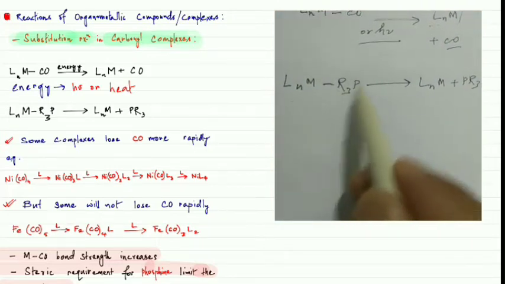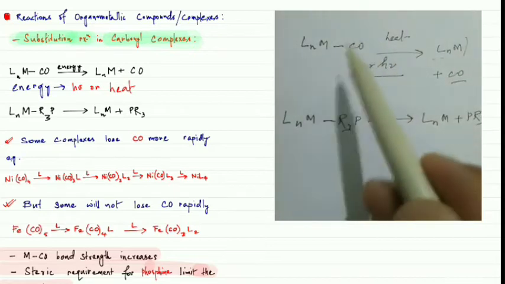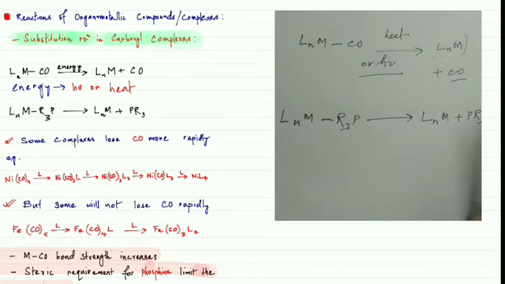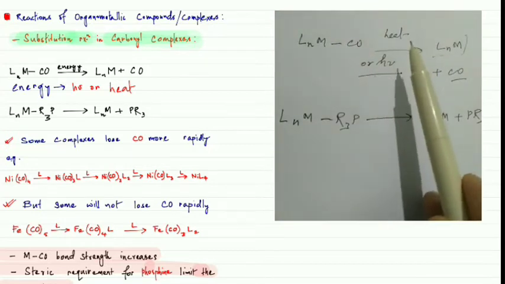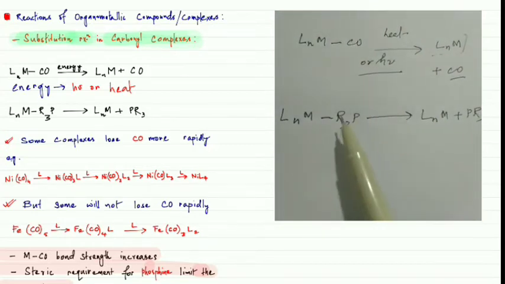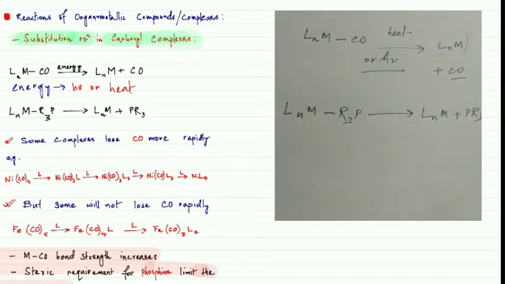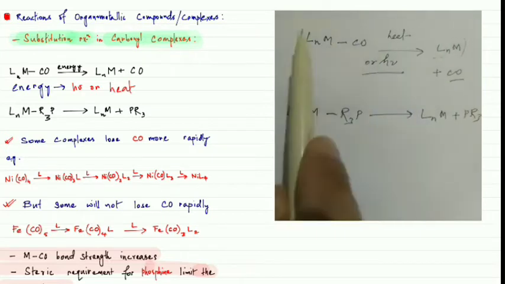So sometimes this bond can be broken by applying some heat or radiation. Also we can break this bond even by applying a sufficient amount of heat or radiation. Okay, so this is the general reaction.